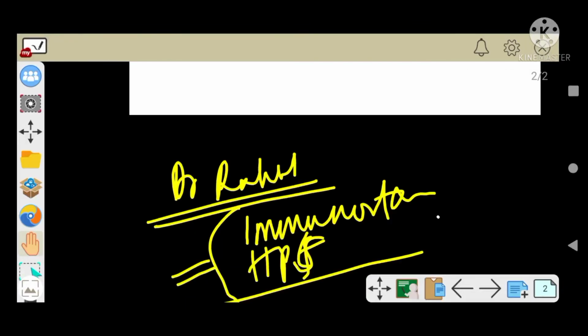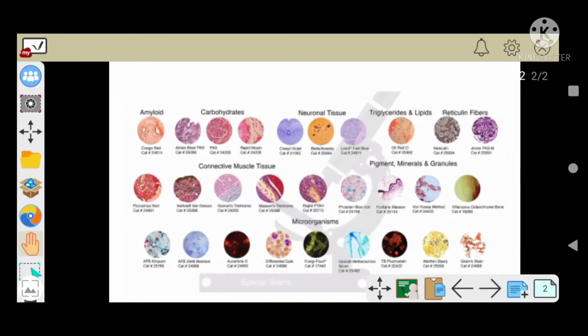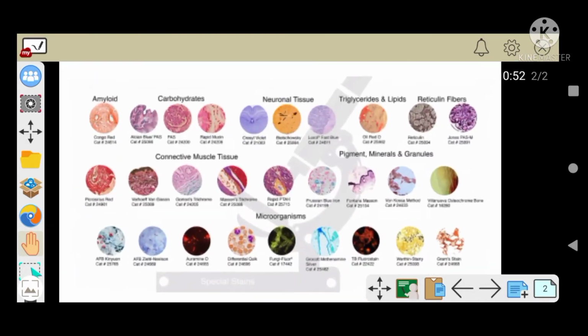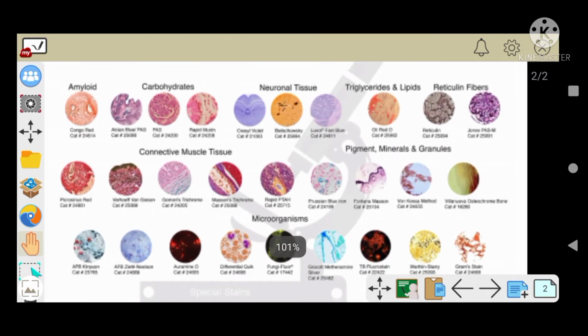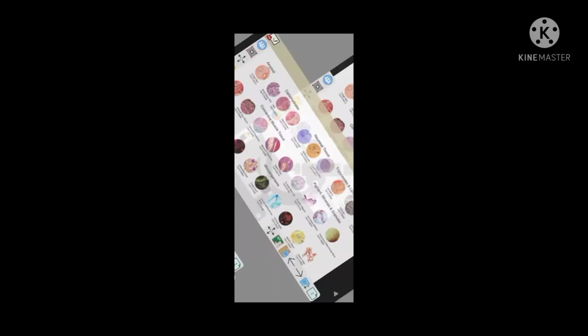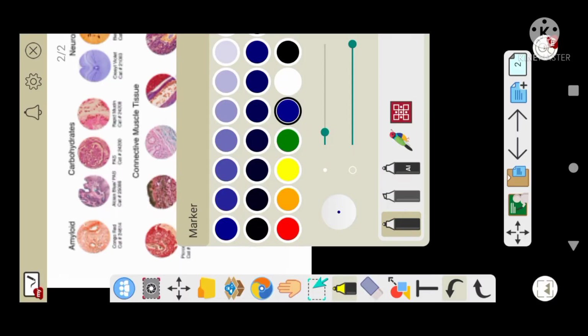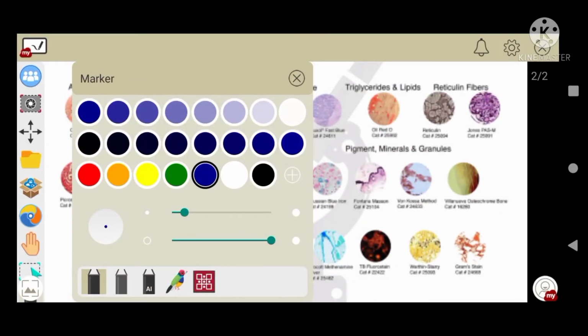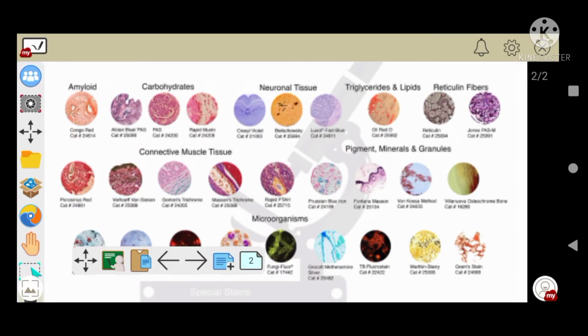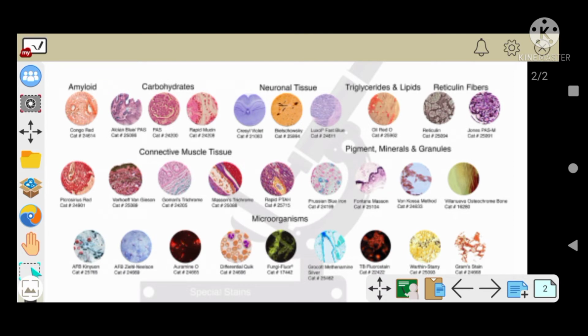Okay, so now we will go to the images, right? Let me take a pen. So see, this one is amyloid. Now for amyloid, the stain is Congo red, but you should also remember that this image is not what is mostly asked.